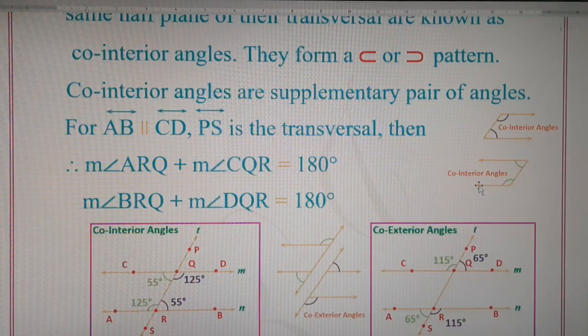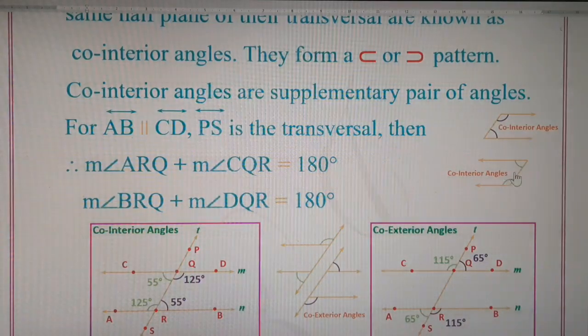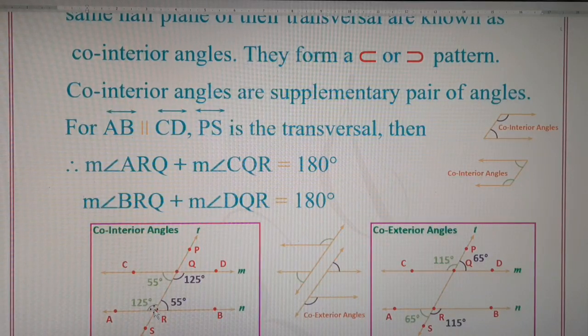Angle ARQ and angle CQR. So these two green colored angles marked inside the C pattern are known as co-interior angles, and the sum of measures of these angles will be 180 degree because co-interior angles are supplementary.